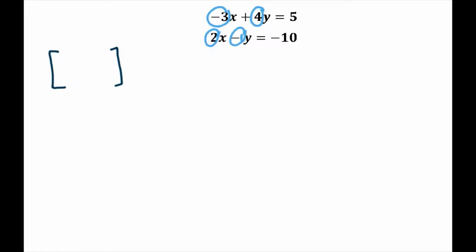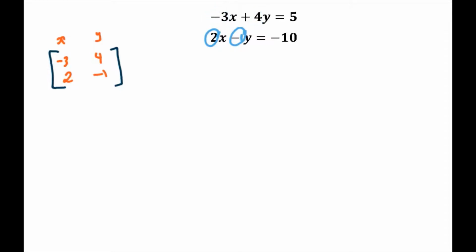Coefficients are the numbers attached to the variables. So in this case, I have -3 and 4 for the first equation. The second one, 2 and -1. These are the x coefficients, and these are the y coefficients. And so this is my coefficient matrix.